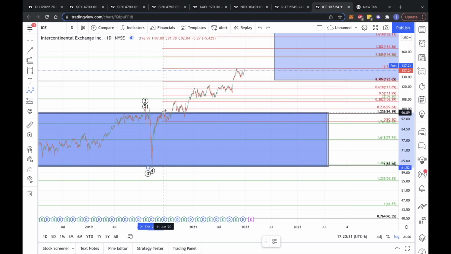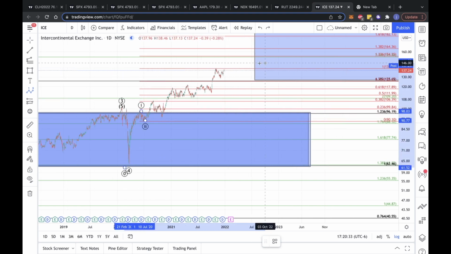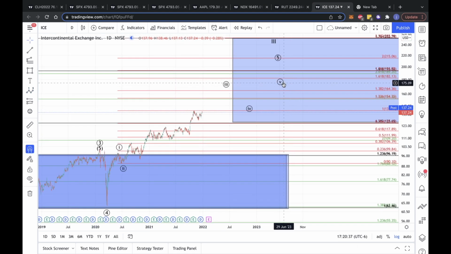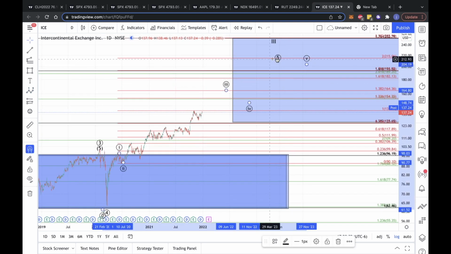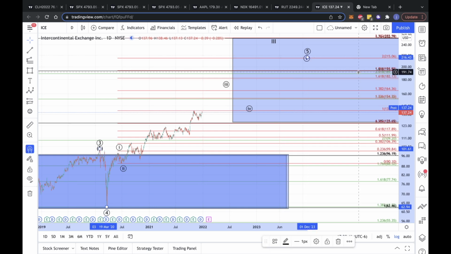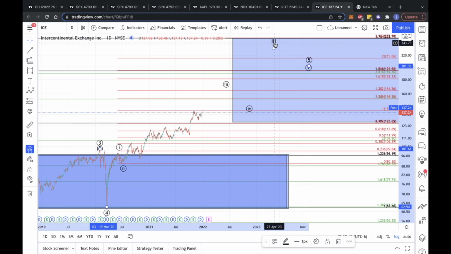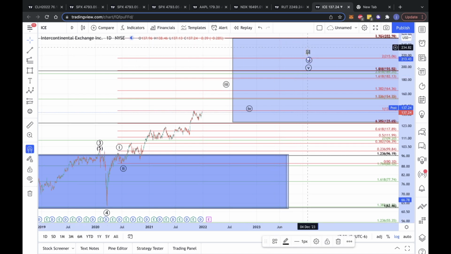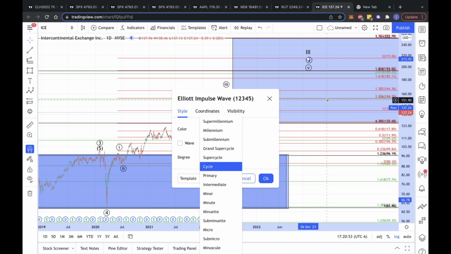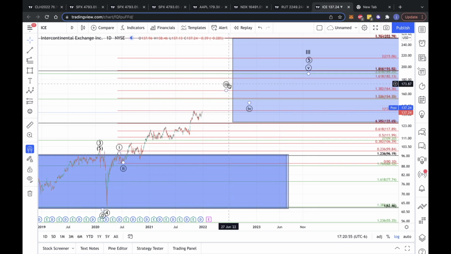So let's see, this is our wave 1, 2, and look where that takes us. The 1.764 here is almost perfect confluence with the much larger degree, with the cycle degree 1.618 targets. That's pretty interesting.